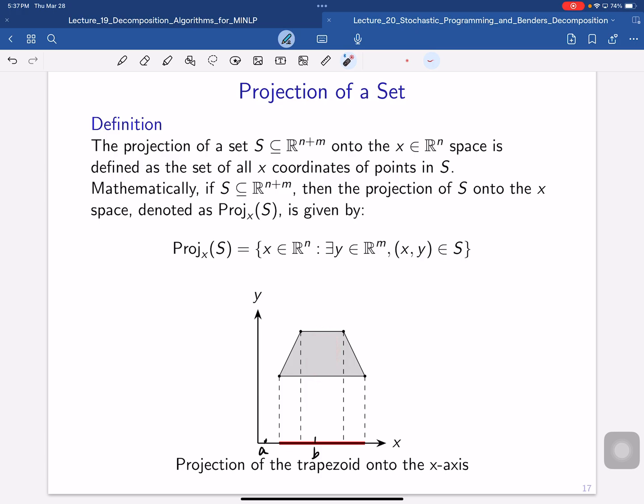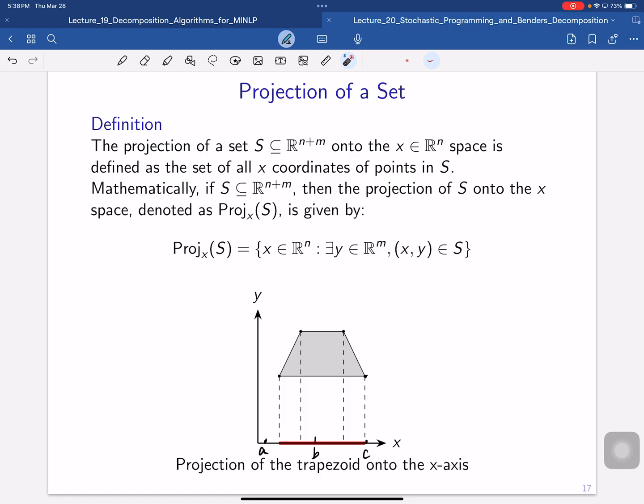And if I pick this extreme point C here, at least one point in this set has a coordinate of C, right? So that's why I say that the projection of this high dimensional object to the x-axis is this red line here, right?